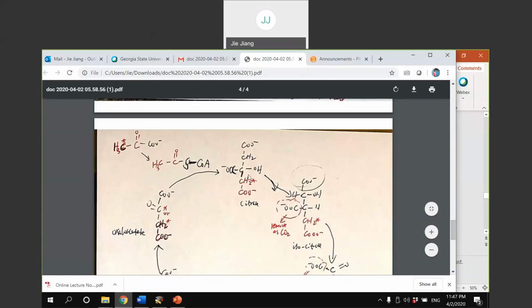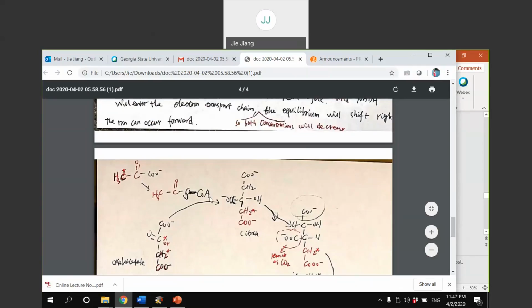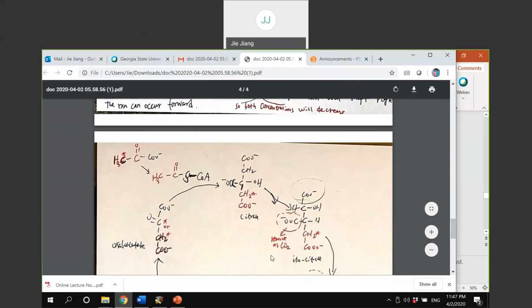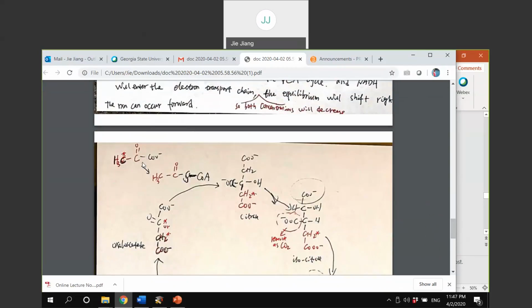For example, we know that acetyl-CoA is converted from pyruvate. If I label the methyl group in the pyruvate, the CH3 carbon, where does this carbon eventually go? It will be removed as carbon dioxide, or it will stay as oxaloacetate. Let's track to see where it goes.